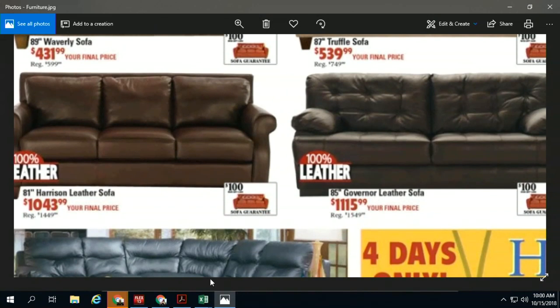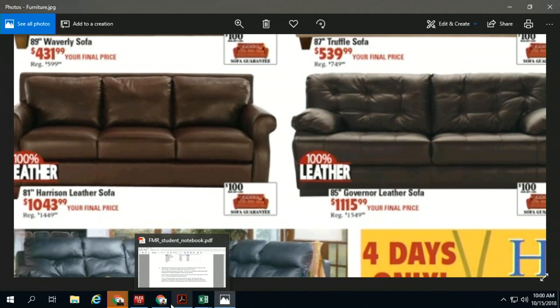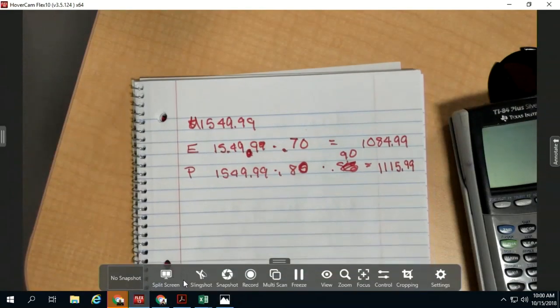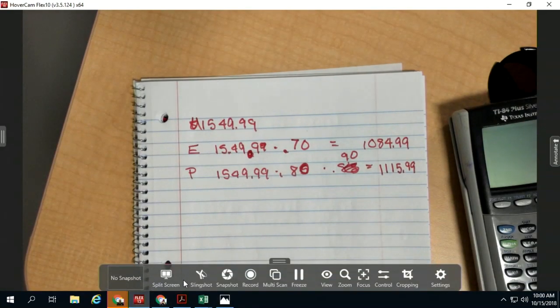If you are an unsuspecting newbie, you would say, hey, I'll get this sofa for $1,084.99, but really I'm paying $1,115. So you're paying like $50 more than what you thought you were going to get as a deal.